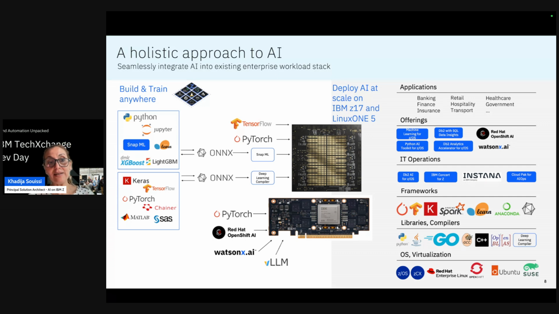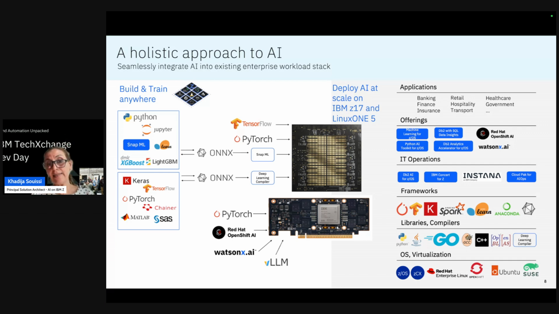And that's why we are also introducing software technologies, frameworks, libraries, and compilers to allow organizations to use AI in a smooth way, and to build and train models anywhere, on the platform of choice, with the tool of choice, but be able to smoothly import that model, format it to a convenient model format, and then deploy it smoothly on IBM Z, be it on Telum 2 or on the PCI Express Spyre card.